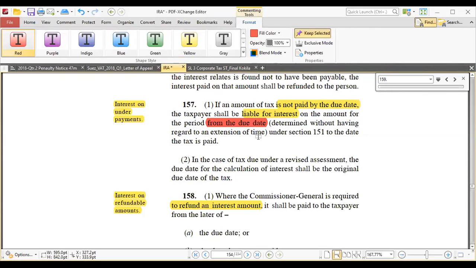Now the slide is completed because I explained the interest part in the act itself. So the interest is from the due date.